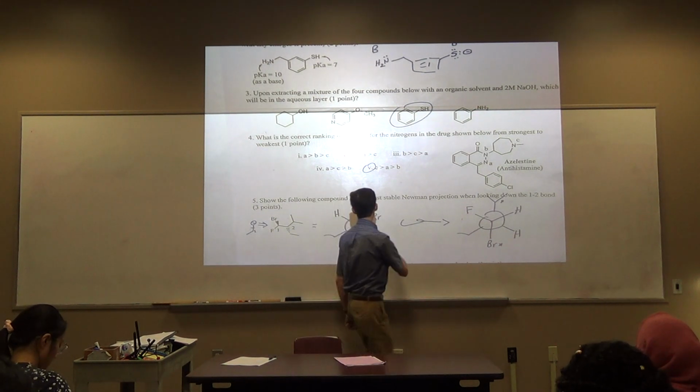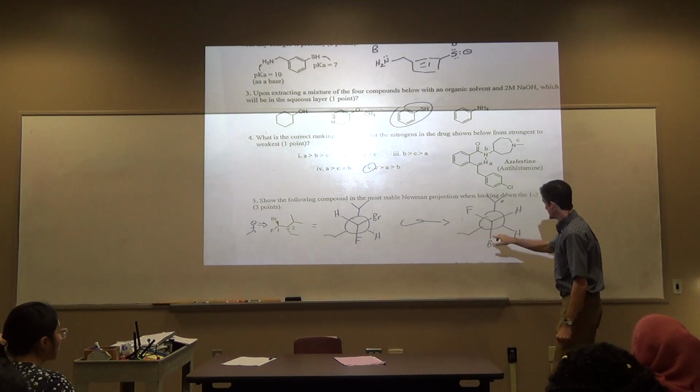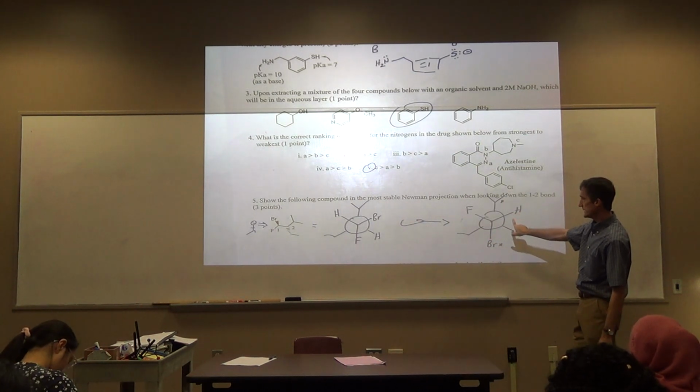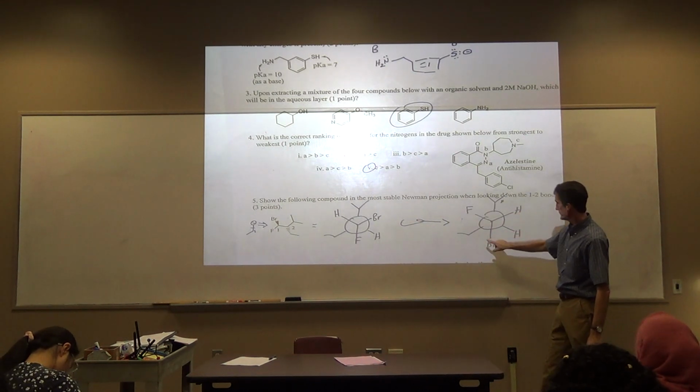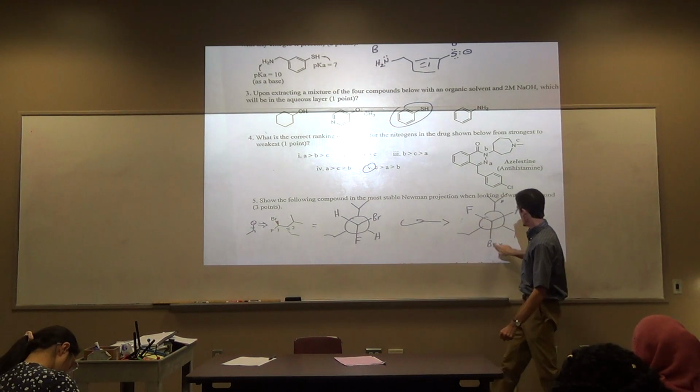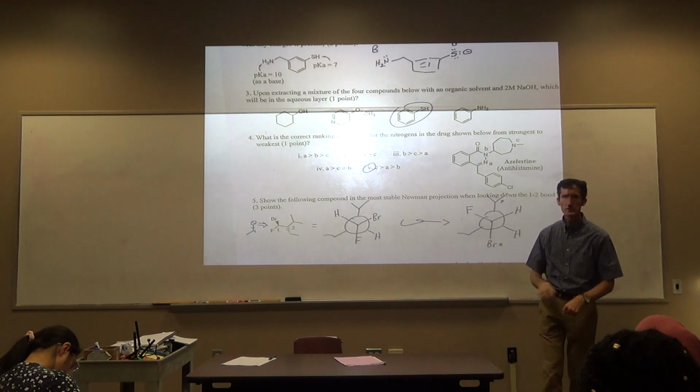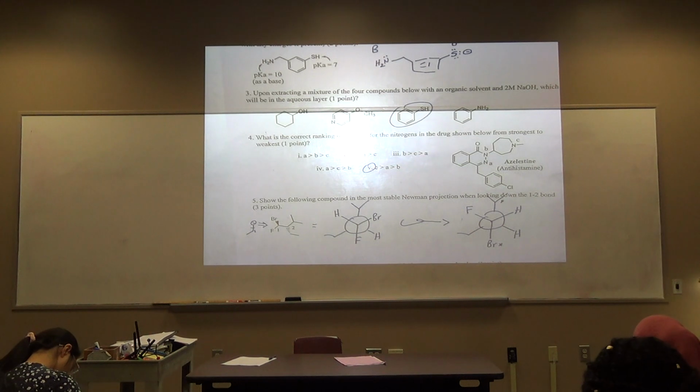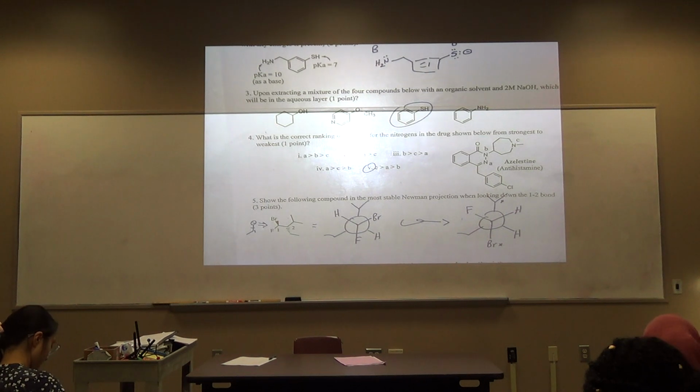This looks good. I rotated just the front. I moved the bromine here. That put the F here and the H here. Looks good to me. Wait, that's what I got for the back chain. I got hydrogen on this side. That's what I got, but for the back chain, I got hydrogen on the left side.